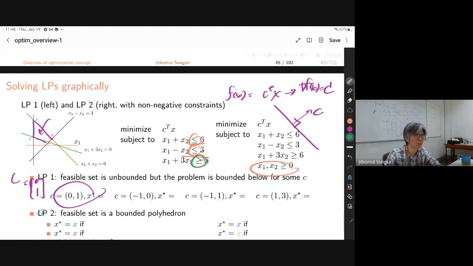Where is the direction of 0, 1? Zero, 1 vector is this or this. It's a vertical vector, right? So my level set would be a horizontal line. My C is pointing toward that way.